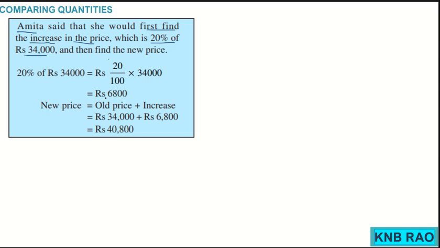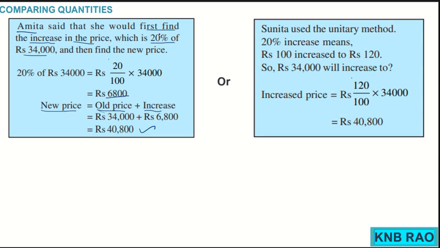Then that increment added to old price gives you new price, that is 40,800. But it can also be solved in some other way, where Sunita used the unitary method to solve the same question.